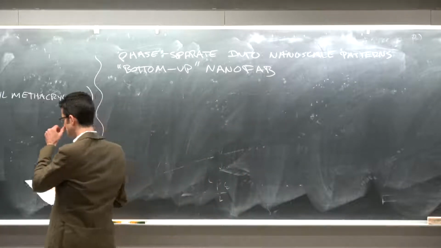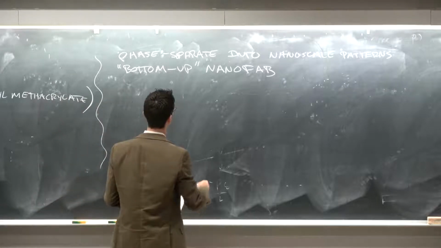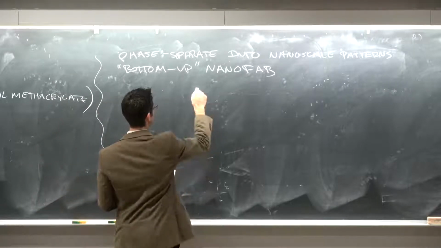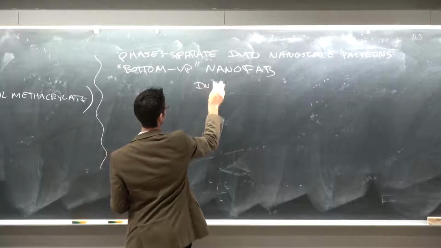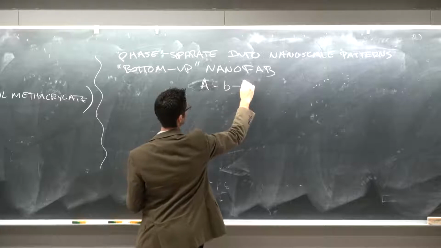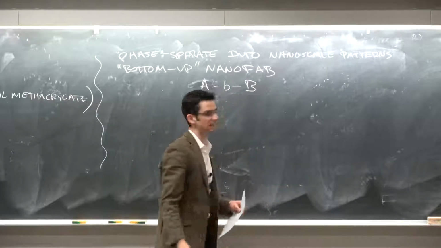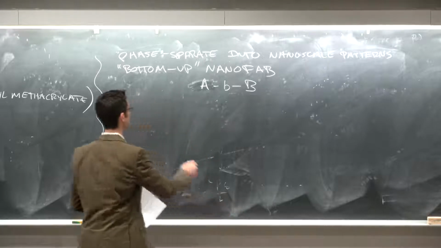So if we start with, let's say we've got A block B, in terms of mostly B at the beginning and mostly A at the end.